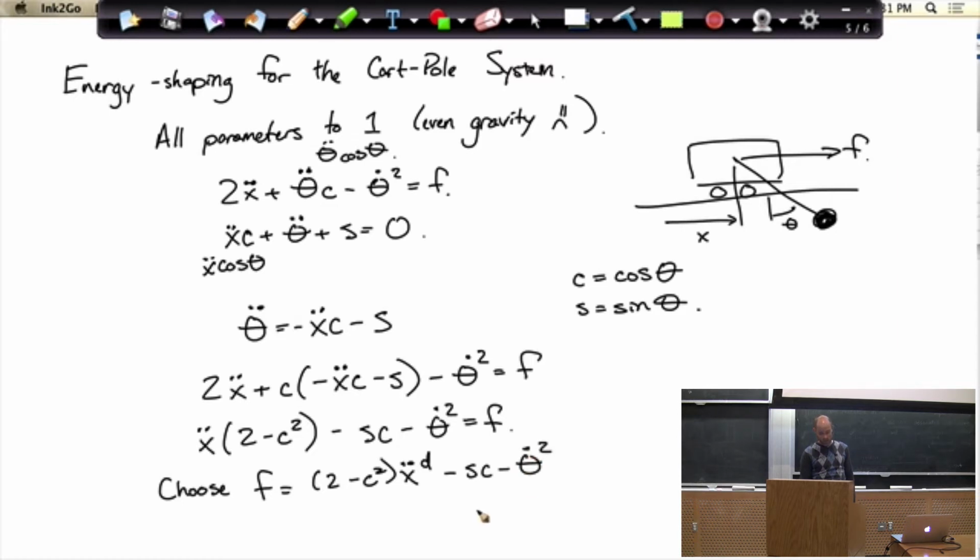Right? That's something I can do as long as I have running estimates, running measurements of the angle and velocity of the pendulum. And I have a desired x acceleration. Okay. And if I put that back in, what I'll see is that x double dot equals x double dot desired.